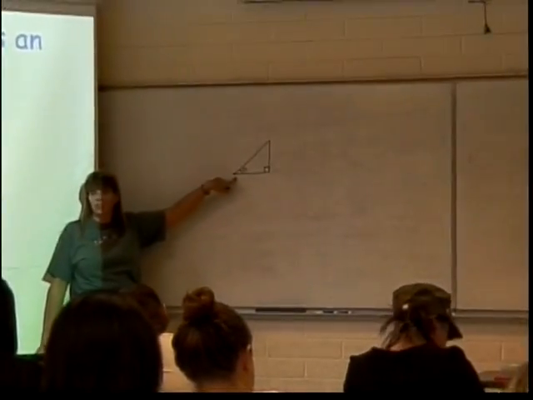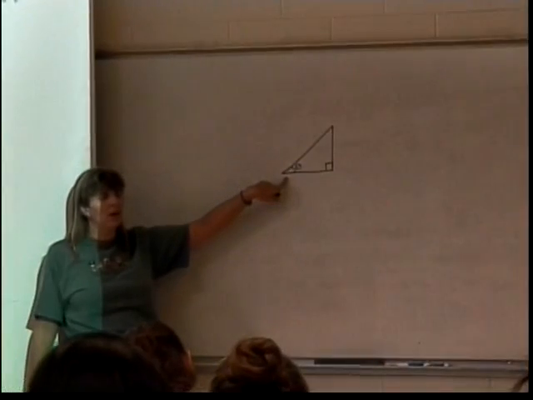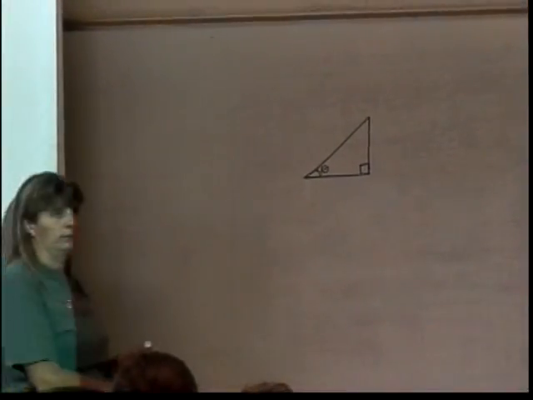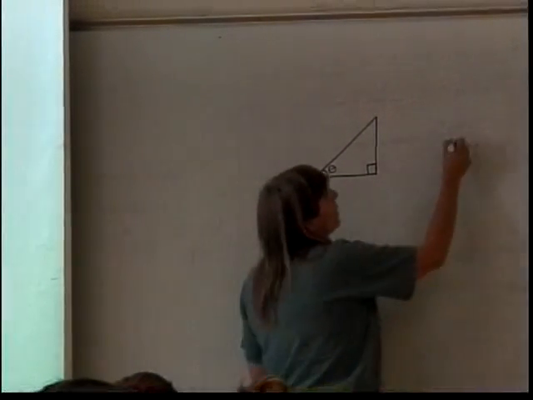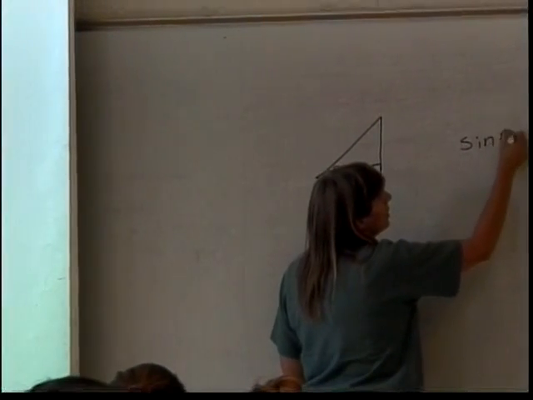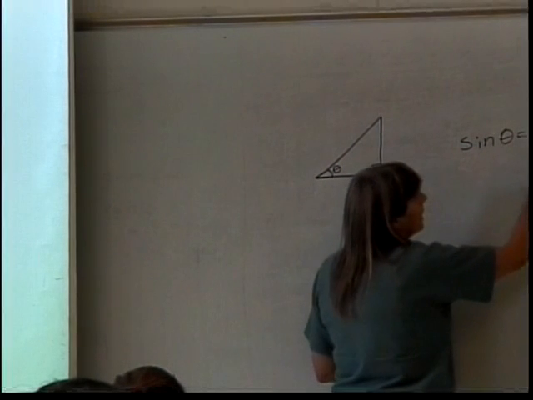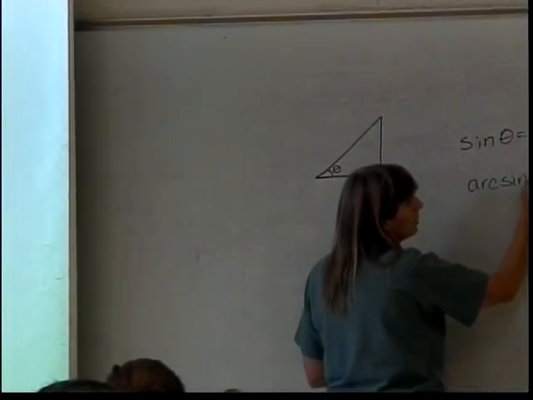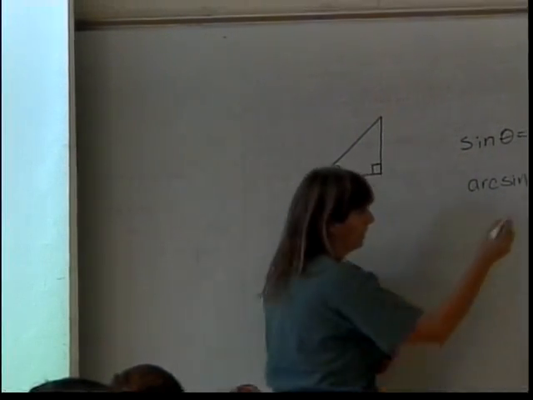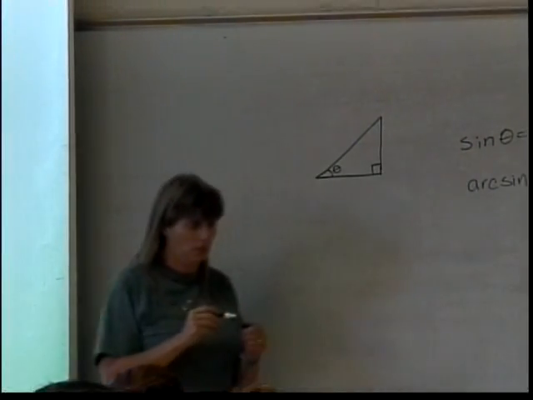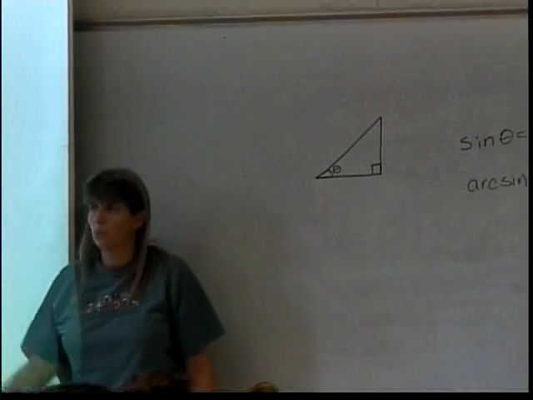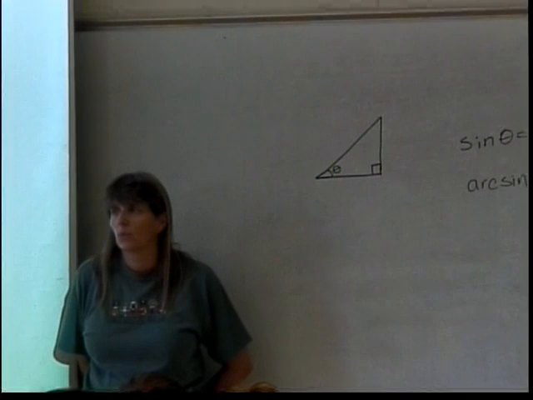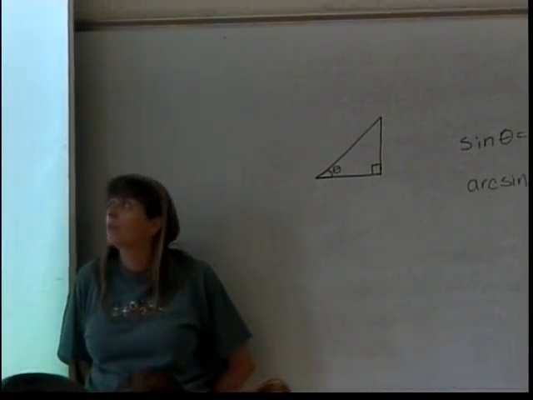I just have to say it has that sine value. Now, if theta has a sine value of x over 2, in other words, the sine of theta is equal to x over 2, that is the same thing as the arcsine of x over 2 is equal to theta. They're equivalent. We're making presumptions about x over 2. We won't worry about those right now. We're saying it's okay to do this.